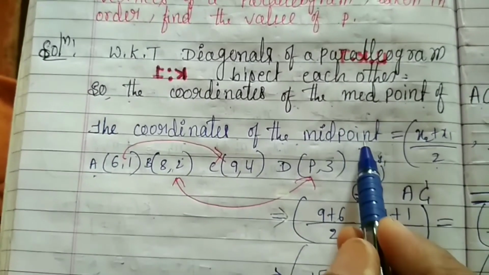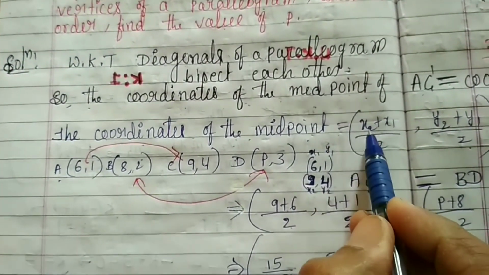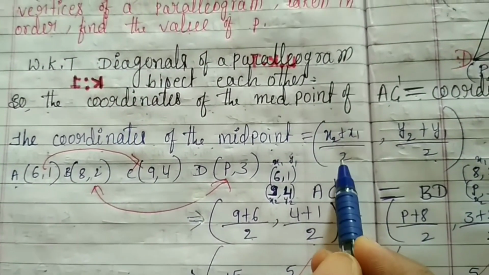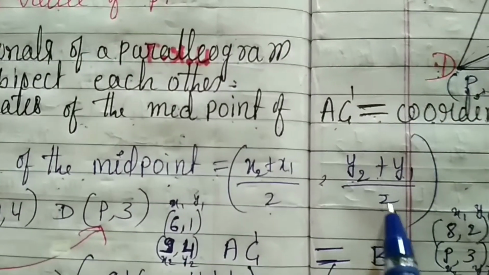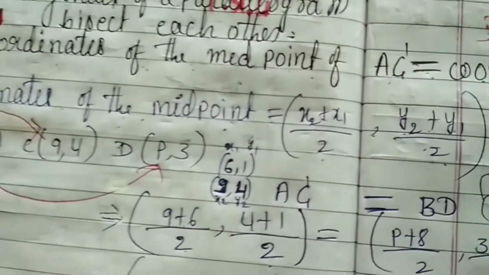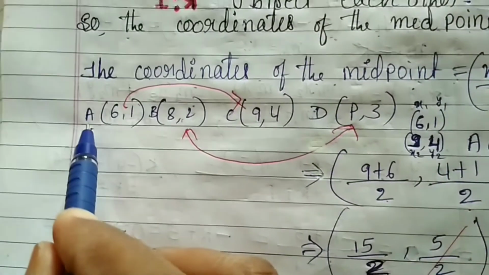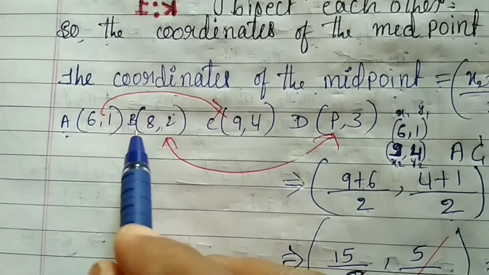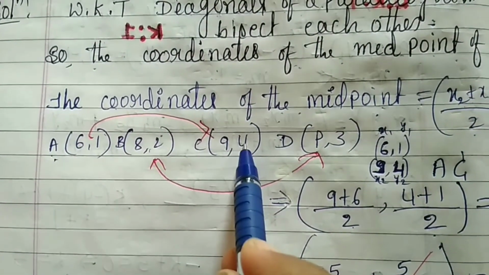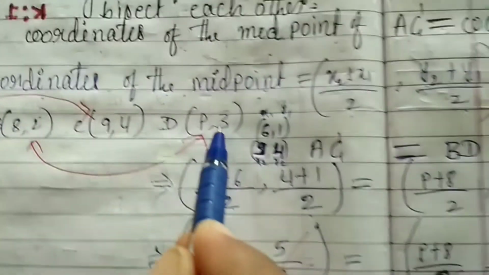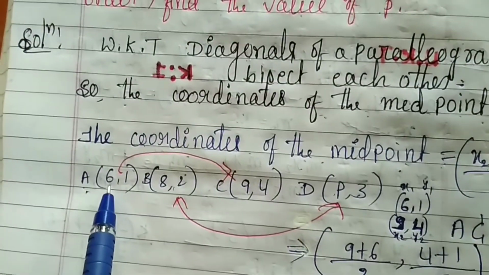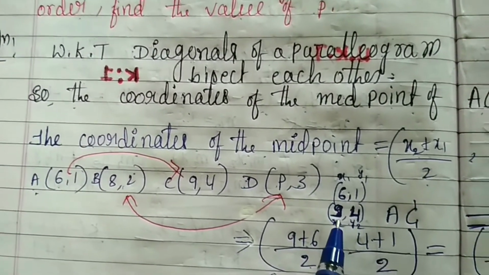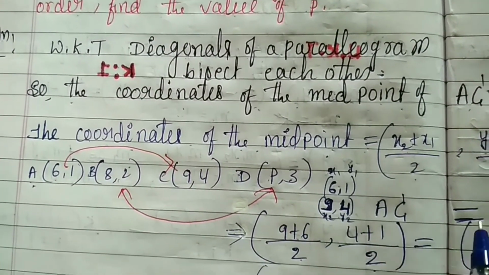Now, the coordinates of the midpoint are x2 plus x1 divided by 2, comma y2 plus y1 divided by 2. We take the 4 points A of 6, 1, B of 8, 2, C of 9, 4 and D of P, 3. First we take AC. AC points are 6, 1 and 9, 4. AC is equal to BD.